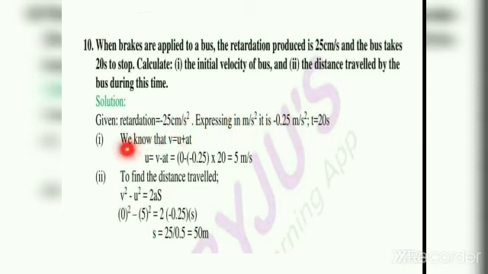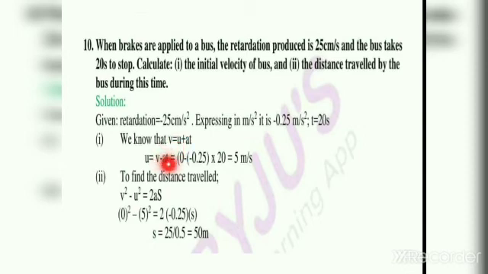Okay, so we know that v is equal to u plus at. From this you can find out the initial velocity, right? So when you want to find the initial velocity, take it to the other side. u is equal to v minus at, because plus at will become minus at.